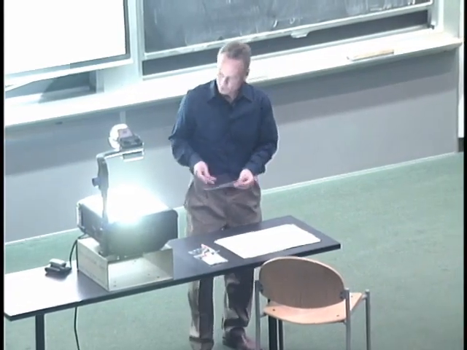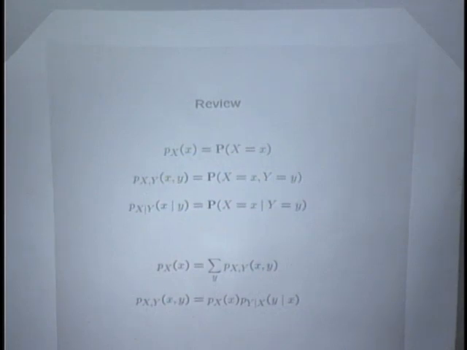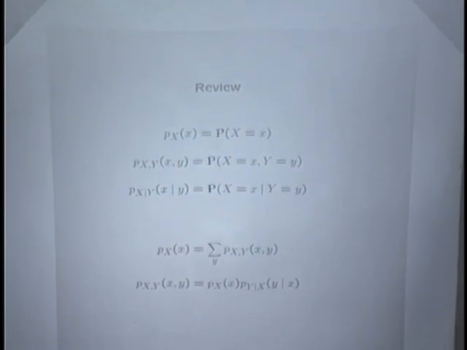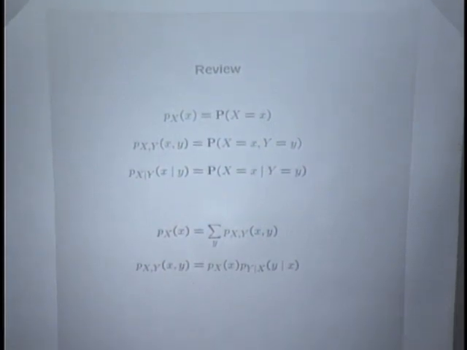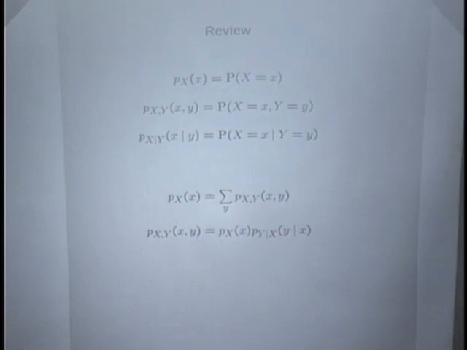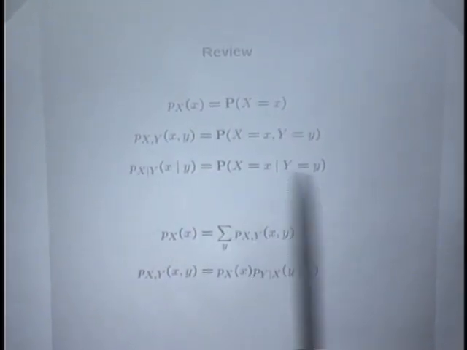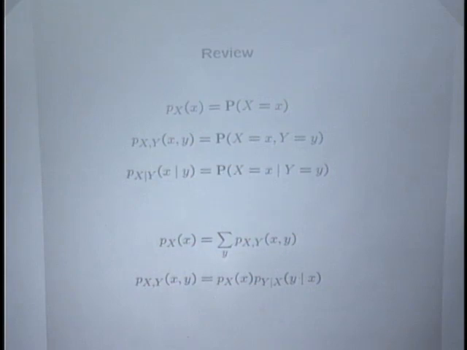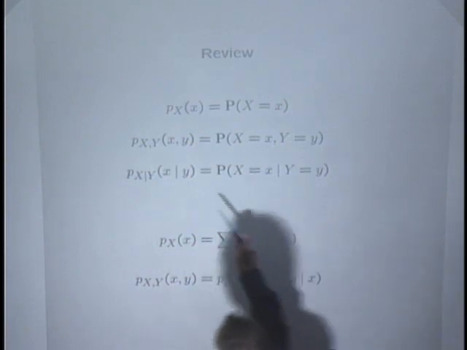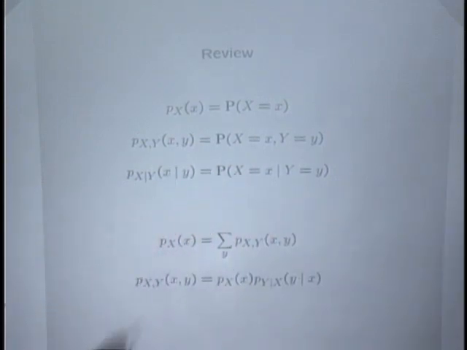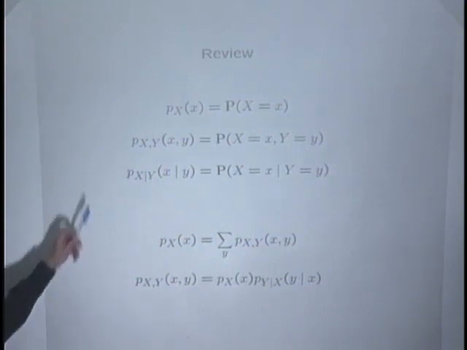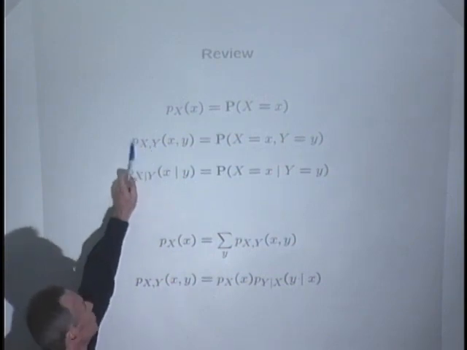So the first point I want to make is that to a large extent, whatever is happening in our chapter on discrete random variables is just an exercise in notation. There are concepts that you are already familiar with, probabilities of two things happening, conditional probabilities, and all that we are doing to some extent is rewriting those familiar concepts in new notation. So, for example, this is the joint PMF of two random variables.